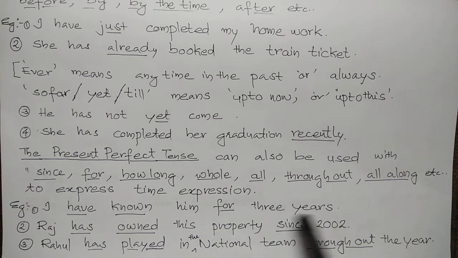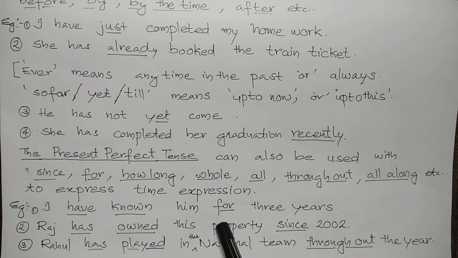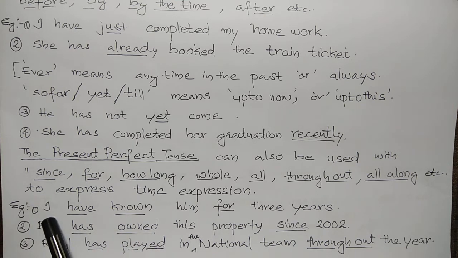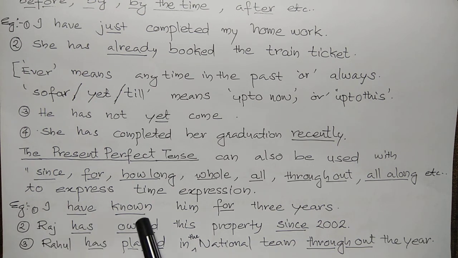For 3 years, for is there. So we have to use the present perfect. I is the first person singular subject. So have known, known is the V3 form of know. I have known him for 3 years. That is the right usage.